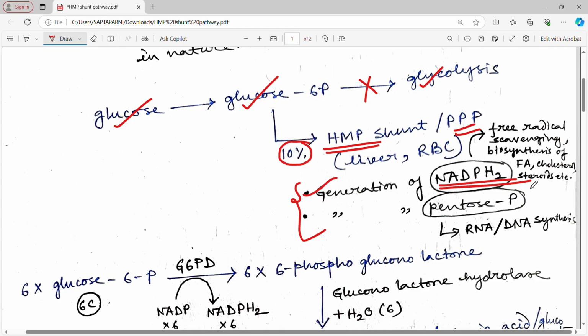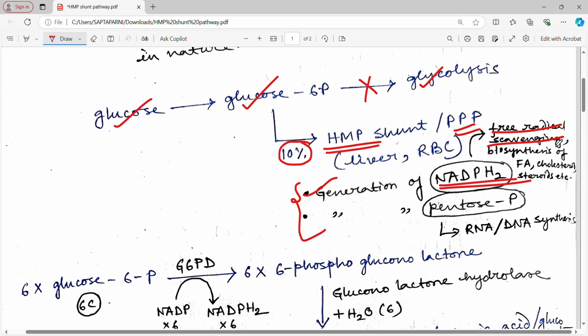What are those functions? It helps in free radical scavenging. Now, what is free radical scavenging? Whenever superoxide anions are formed in our cells, they get converted into hydrogen peroxide and other free radicals which are very harmful for our cells. If these H2O2 or free radicals get accumulated, our cell will lyse after some time.